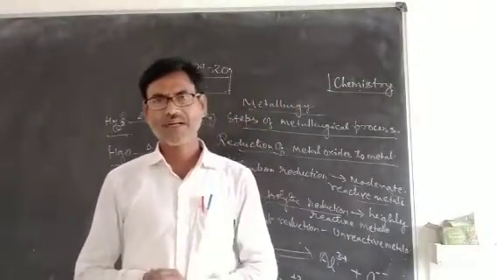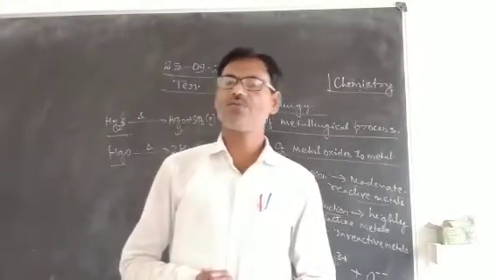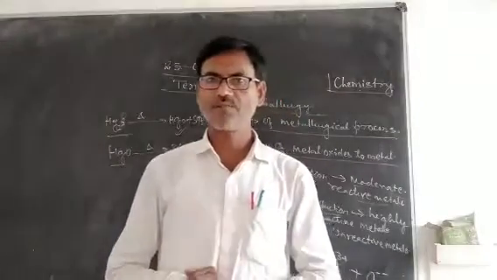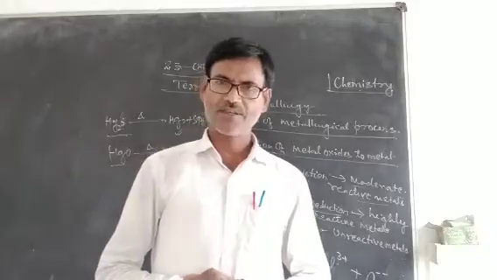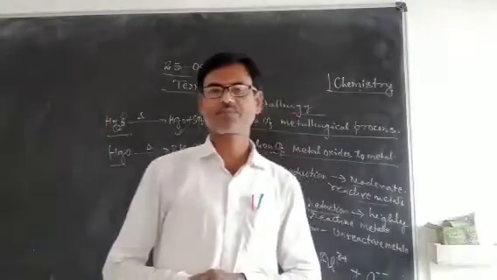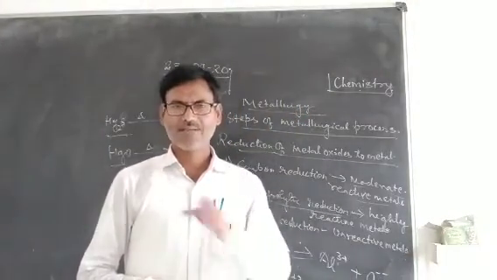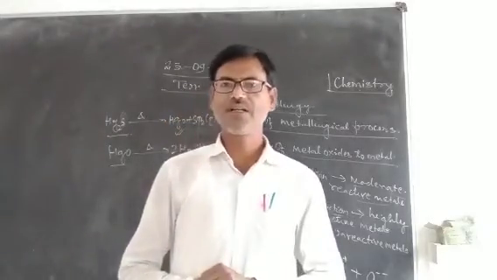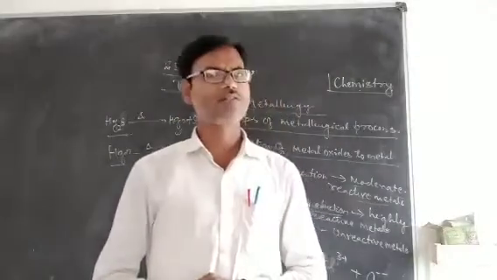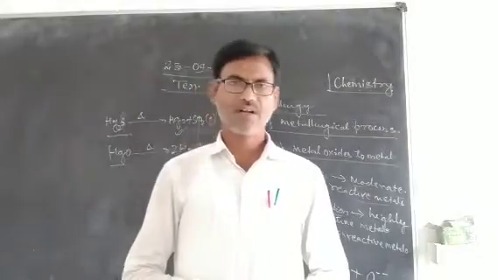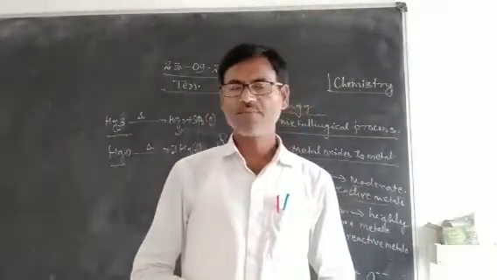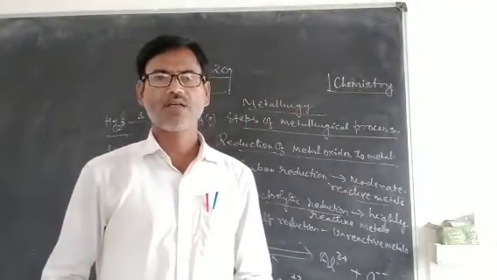The method of electrolytic reduction is adopted in case of highly reactive metals like sodium, calcium, magnesium, aluminum, etc. And the method of self-reduction is adopted in case of unreactive metals like mercury, silver, etc. More I will discuss next time. That's all.